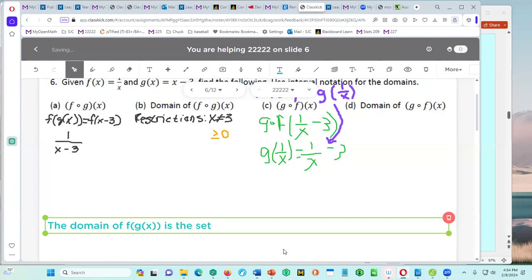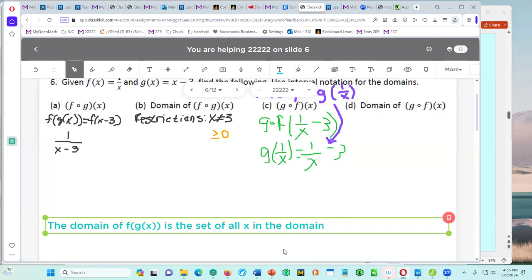The domain is always a set, right? The set of inputs that are allowed. The set of all x in the domain of g. So we are concerned about the inside function. And that's going to be important in part D there.